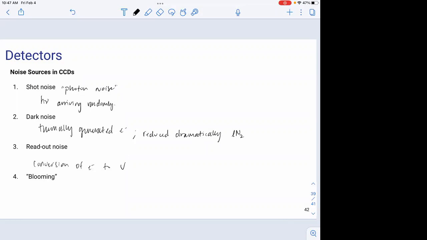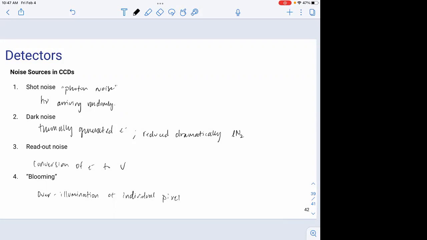The last kind is blooming, and this is really common. This is the over illumination of individual pixels, or buckets, if you want to think about the charge under a particular metal gate as a bucket of charge.